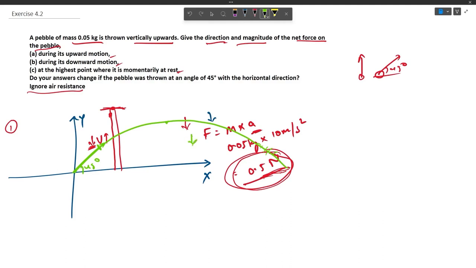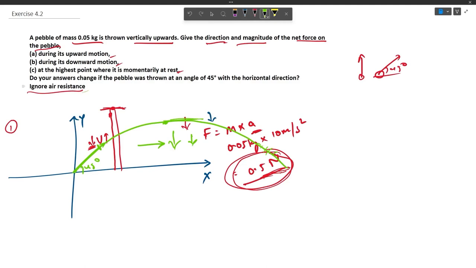Now what would change here is that at the point of highest distance away from the ground, it is not going to be at rest because it has some x direction component of velocity, which is not being affected by the force, because force is not acting in the x direction, it is acting in the y direction. So this component of velocity would make the pebble move in the x direction irrespective of the height.